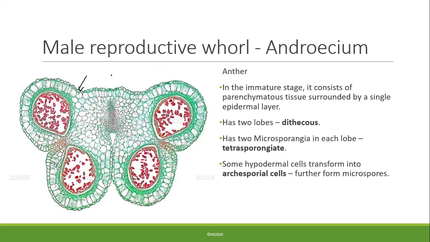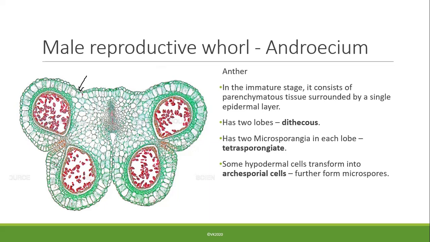As you can see, the anther is made up of two lobes. One of them is this and the other one is this. Therefore, it is known as dithecous, which means it has two lobes. Further on, each of these small pink units you see are known as pollen sacs or microsporangia, the ones which bear microspores.